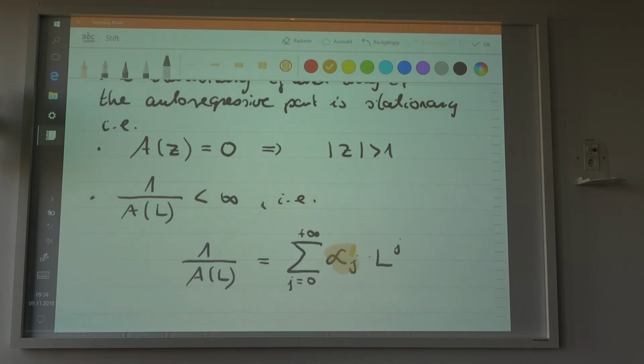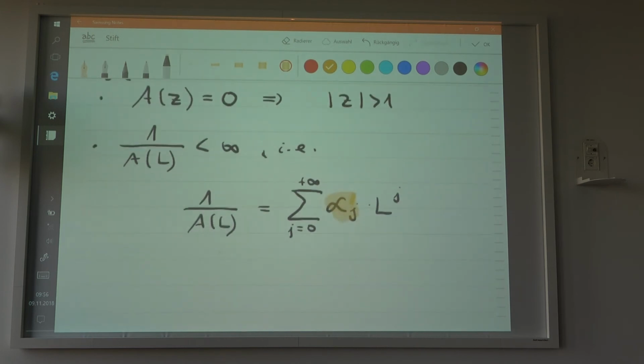Basically, it states that there is a possibility for that. These coefficients are absolutely summable, but I will not add this condition here, as we already considered that. So the autoregressive part determines whether the corresponding process is stationary.